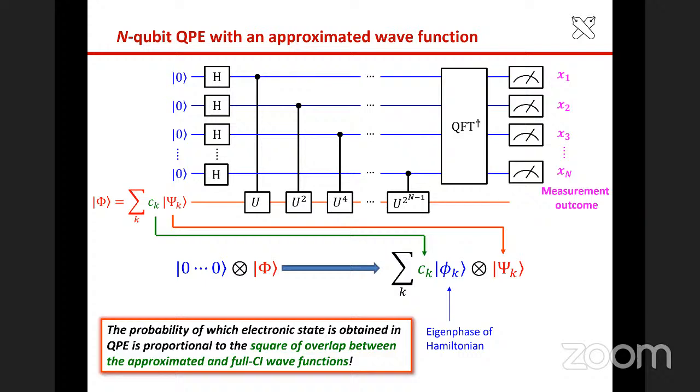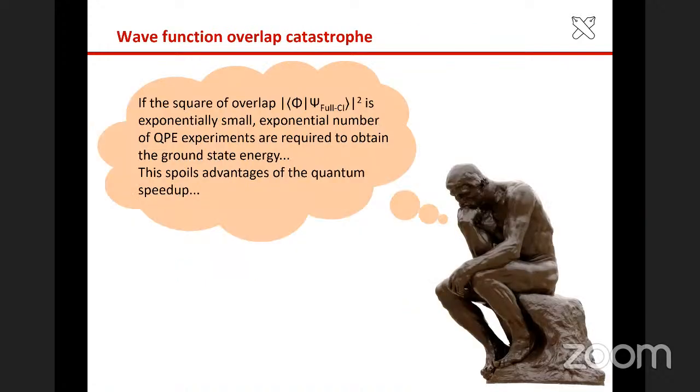So let us think about the situation where we want to calculate the ground state. If the square overlap of the approximate wave function with the exact wave function of the ground state is exponentially small, it means that we have to perform the QPE an exponential number of times to obtain the ground state energy.